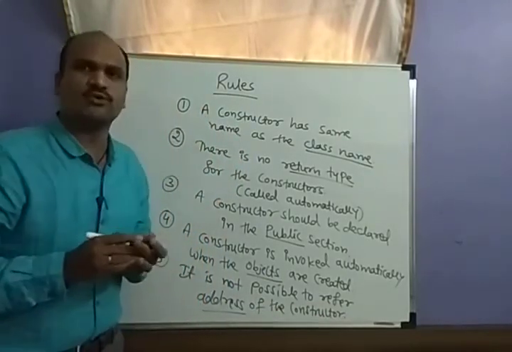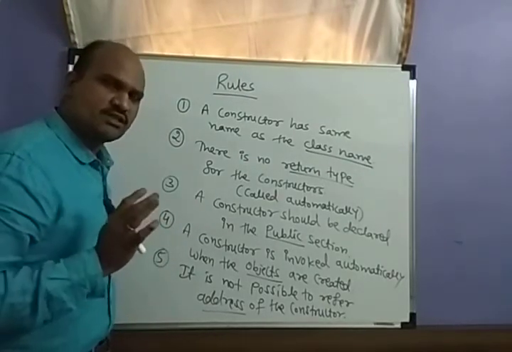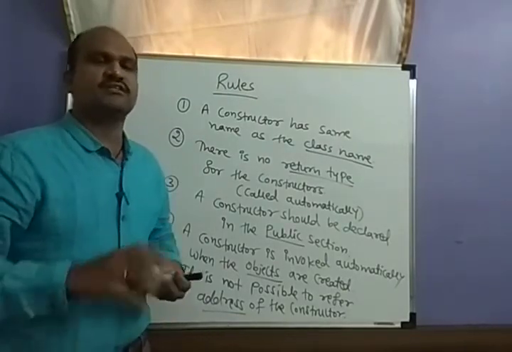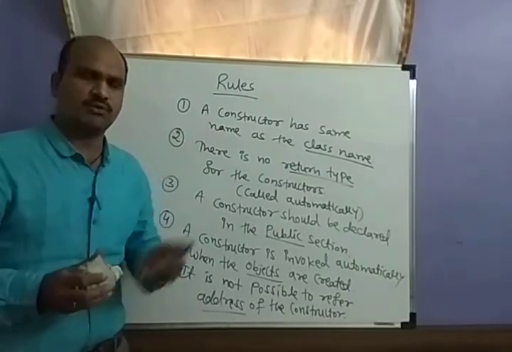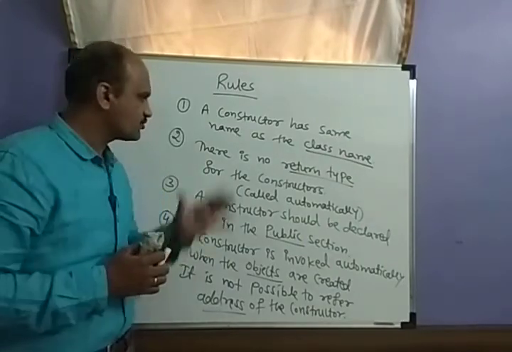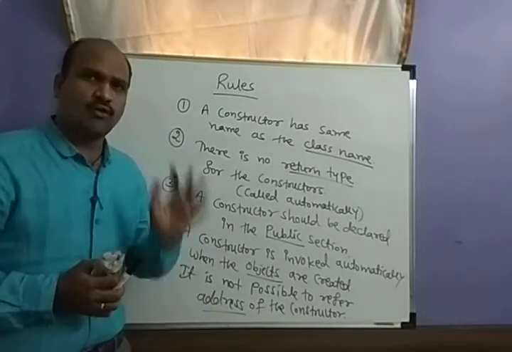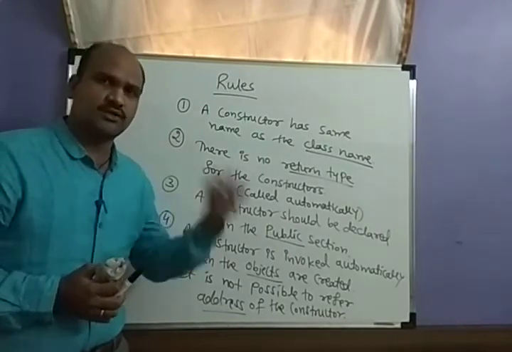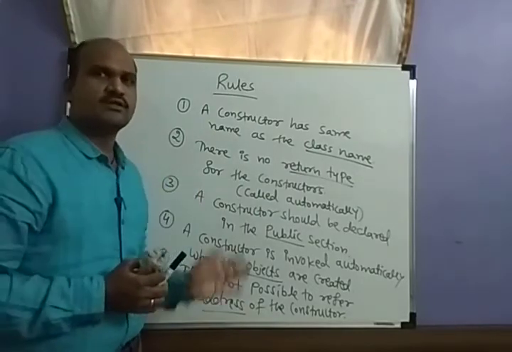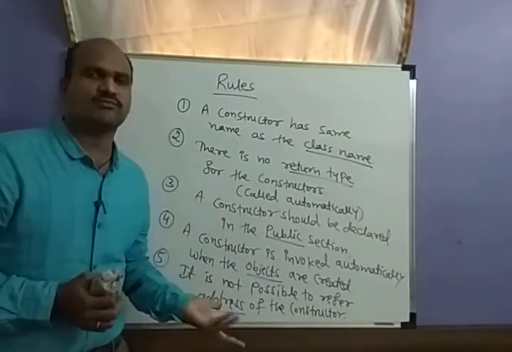These are the five rules you have to remember. The constructor should always have the same name as the class, and there will be no return type because it will be called automatically. A constructor should be declared in the public section. It will be invoked automatically when the object is created. And it is not possible to refer to the address of the constructor.